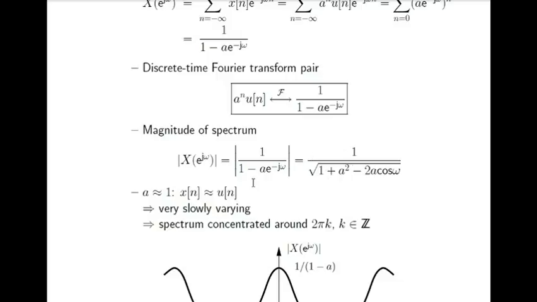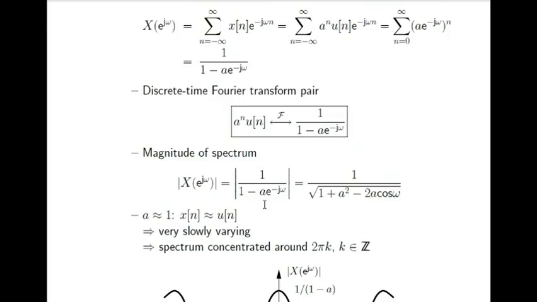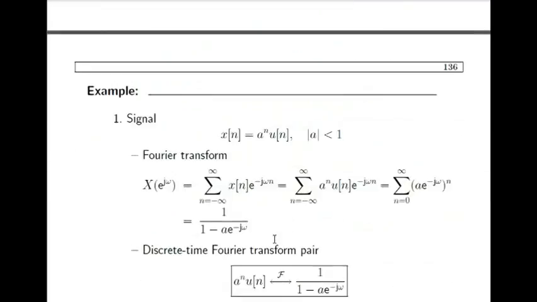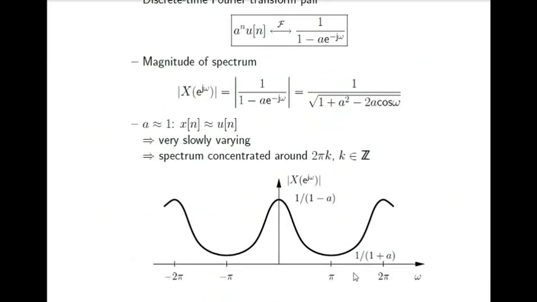Oh, sorry, tending to 1 only. That implies that x of n is comparable to u of n. This signal varies slowly. It means that it has non-zero spectrum around 2 pi k. As you can see, around 2 pi k, for k equal to 0, it has non-zero spectrum.